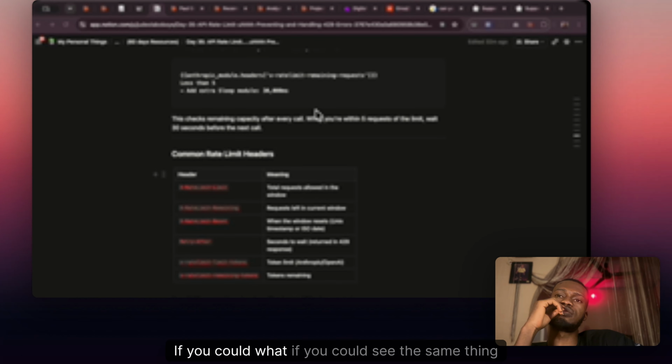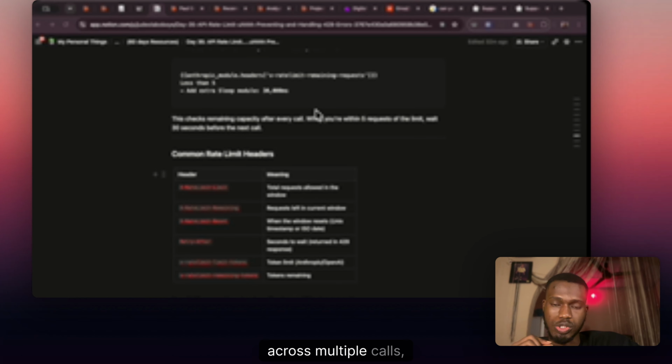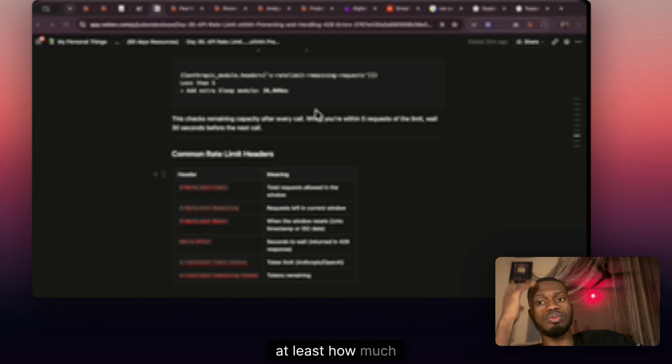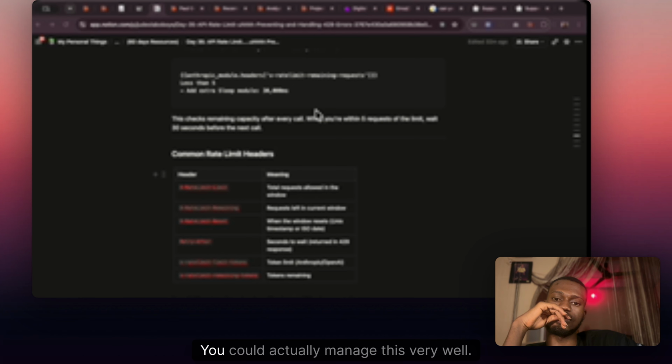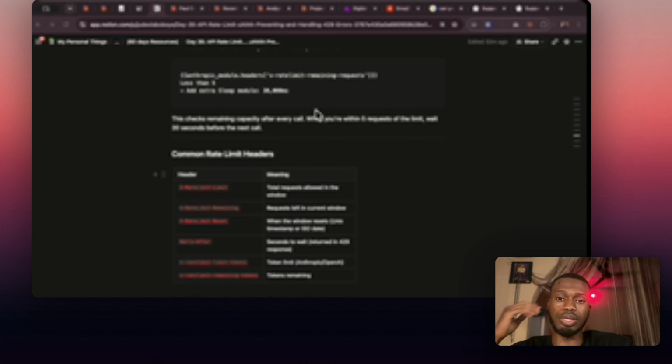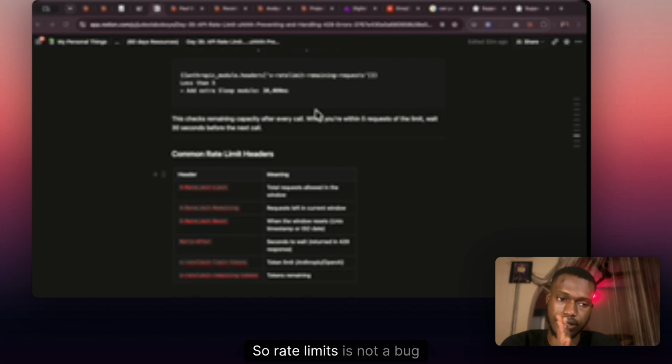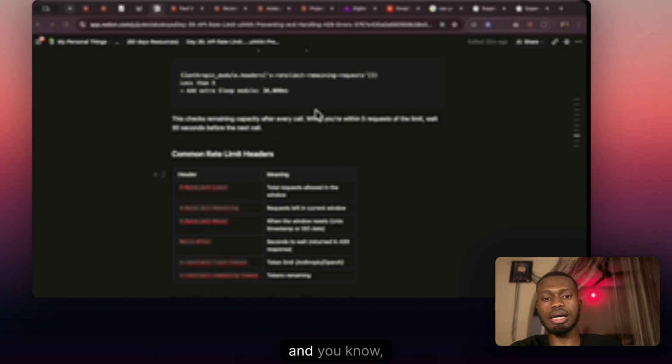If you see the same thing across multiple calls, you could predict at least how many tokens you are exhausting per run, per call. So you could manage this very well, and you can even slow down, pause, or improvise before you hit zero, basically. So rate limits are not a bug, it's just something you expect.